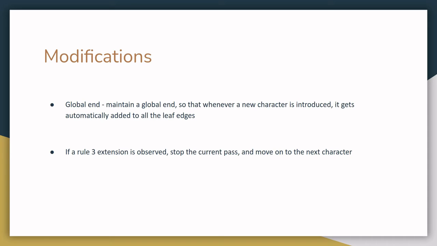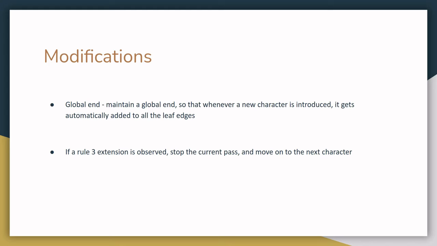Of course, there are some syntactic and convenience modifications as well, like storing the string in every branch is not recommended. Rather, we just store the indexes, the range of indexes of the characters which are there in the particular branch.